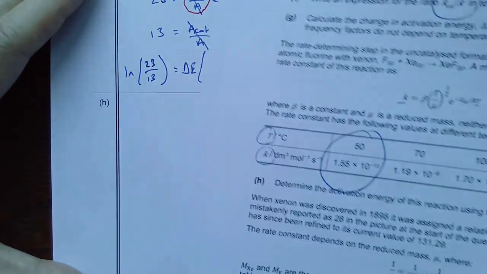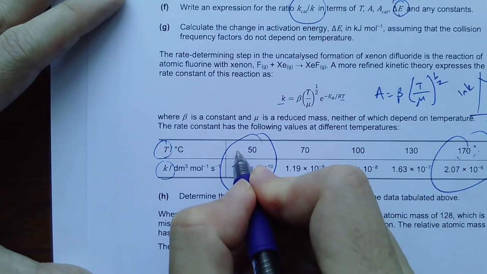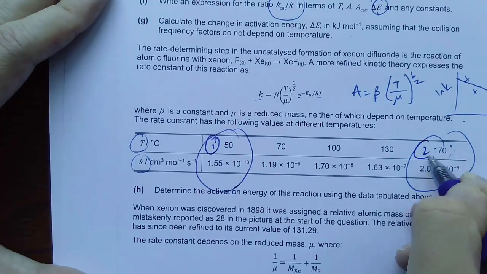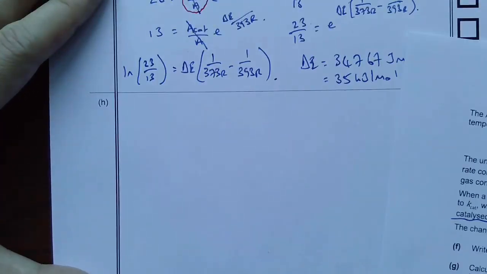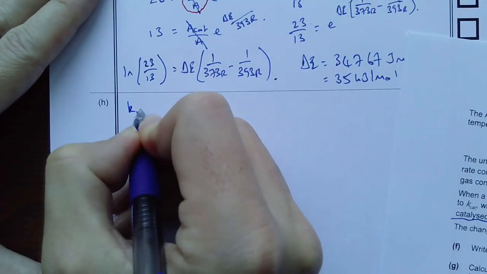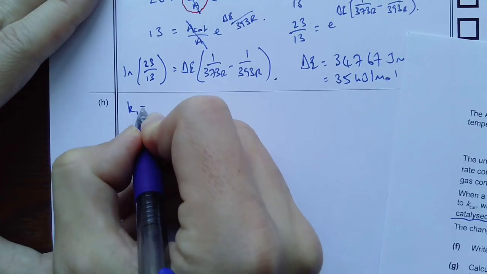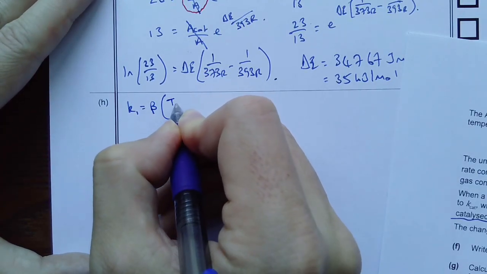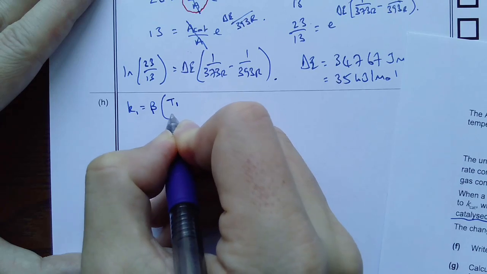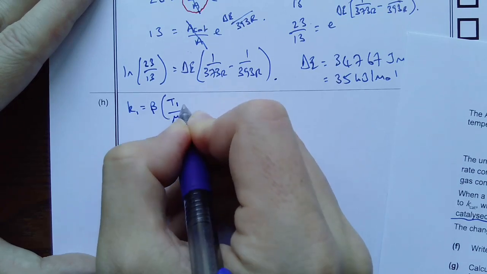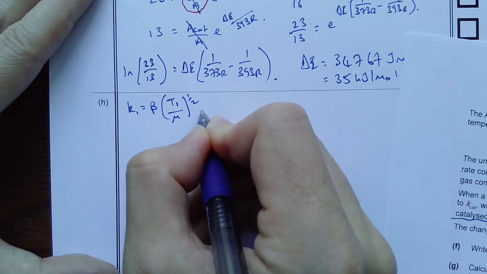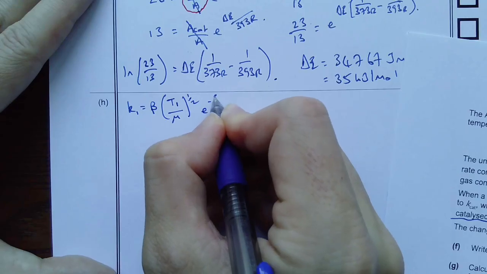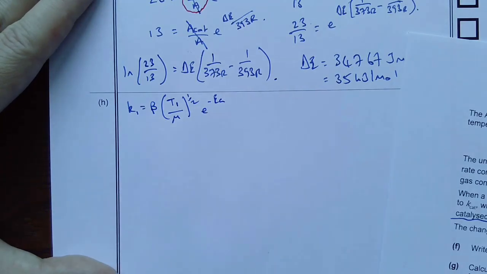So I'm going to call this reaction number 1. I'm going to call this reaction number 2. And I'm going to write out K1 equals this one. I'm going to do a little bit more algebra before I put any numbers in. So the thing I'm changing between 1 and 2 is the temperature. Nothing else changes. Okay, e to the minus. And also, when I change temperature, I don't change activation energy.